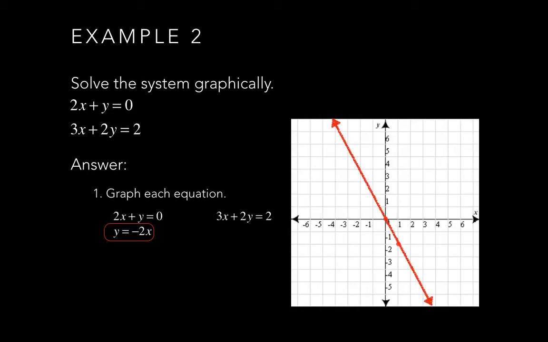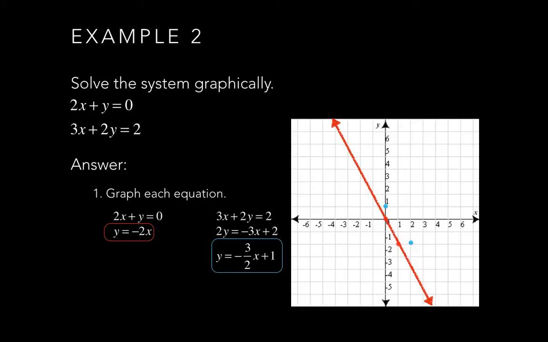Our second equation is 3x plus 2y equals 2. We'll subtract 3x from each side, and then divide every term by 2. Our y-intercept is 1, and we'll move down 3 over 1. I'm sorry, down 3 over 2.